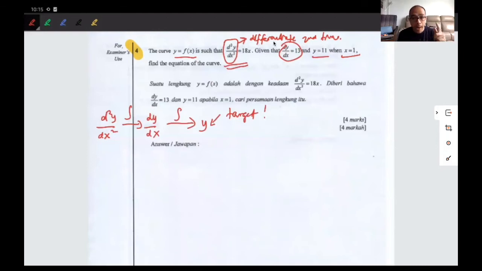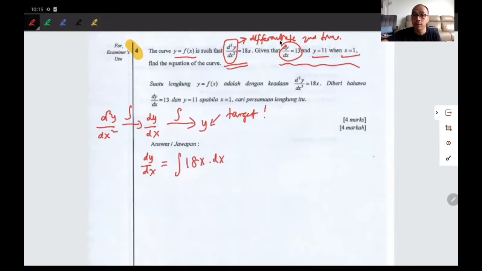Okay. But, so apa tujuan ini semua ini? What is this for? Kenapa dia bagi ini semua? Okay, sabar, let's just do first. So dy dx is the integration of 18x terhadap dx. If we integrate d2y dx2, we will get dy dx.